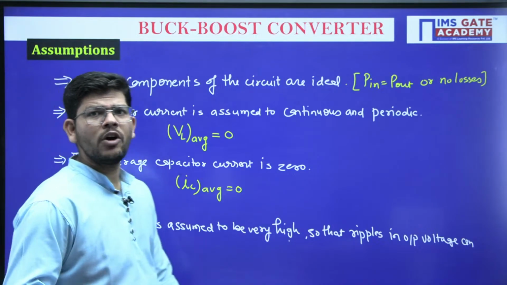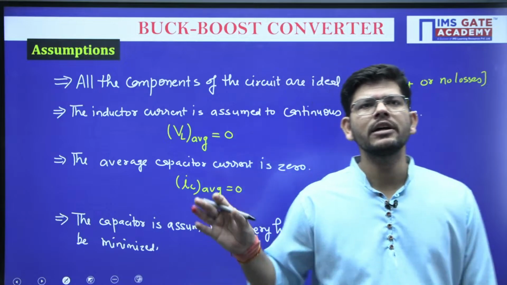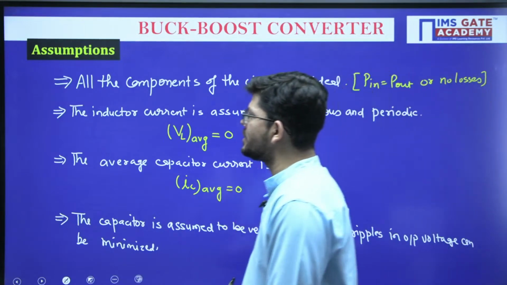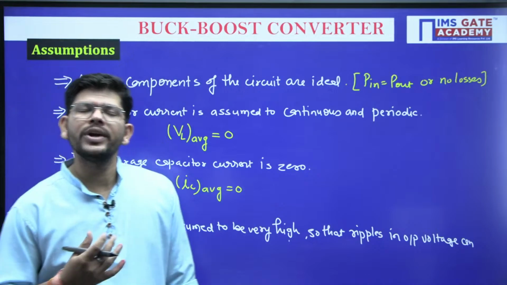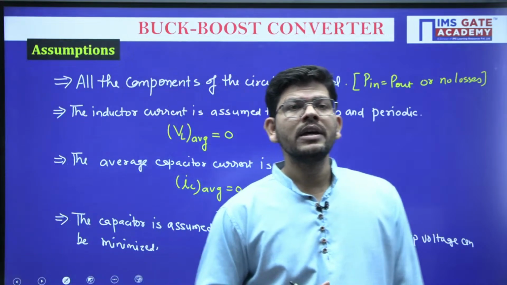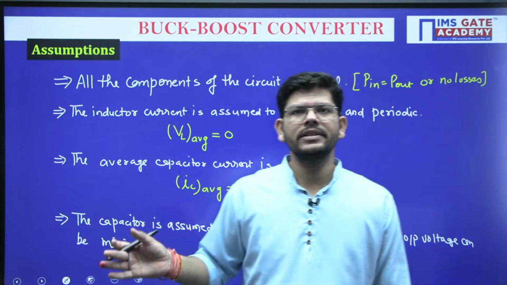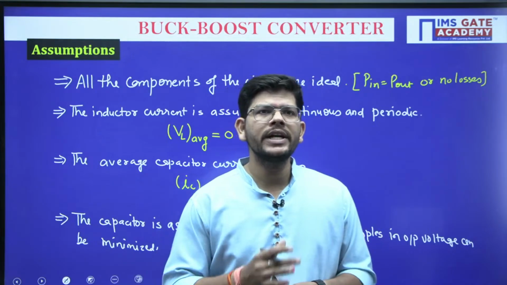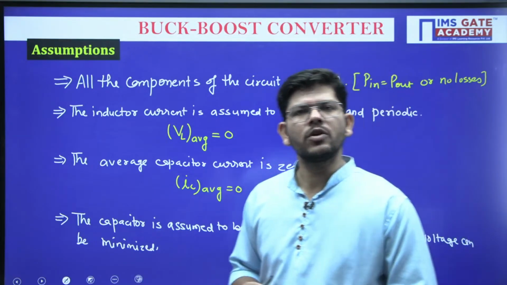So we will be discussing the operation of this converter under these circumstances. These are the important assumptions that we have made related to the inductor, related to the capacitor, related to the devices. All these are the important assumptions under which we will discuss the operation of this circuit.